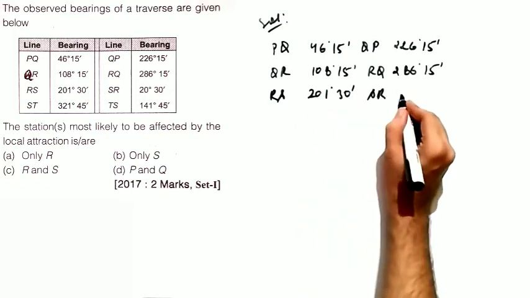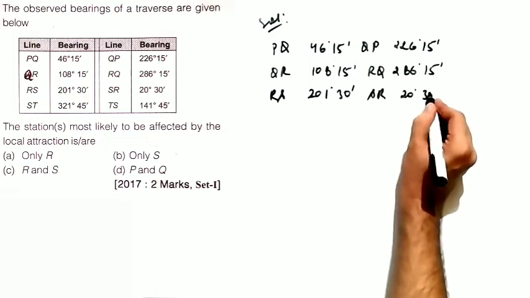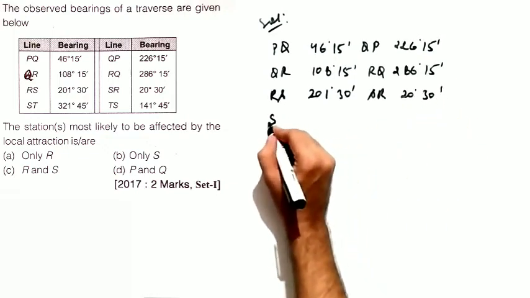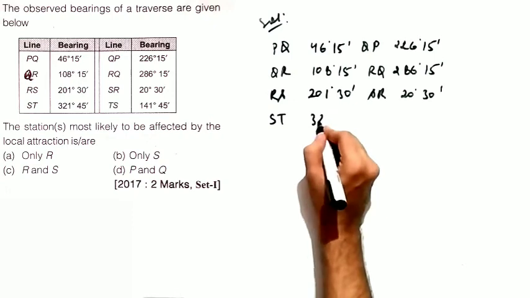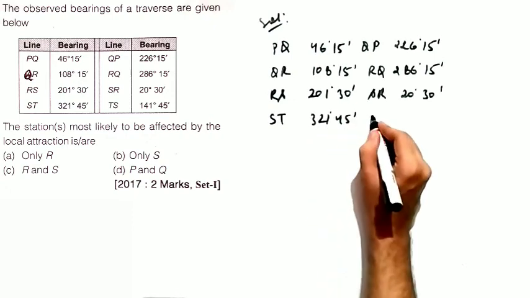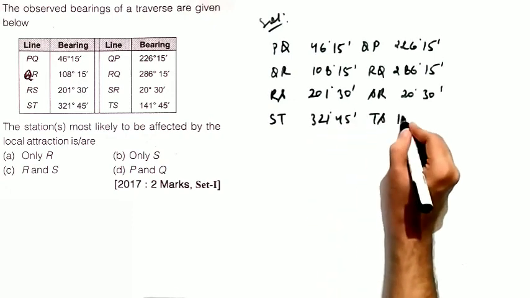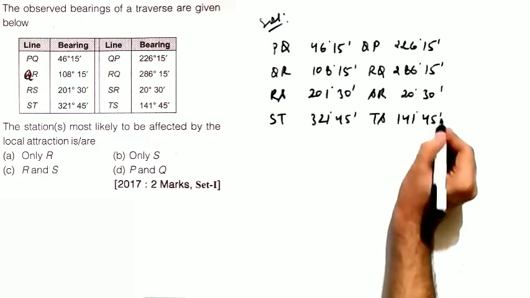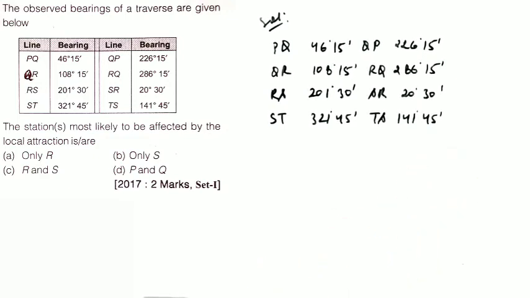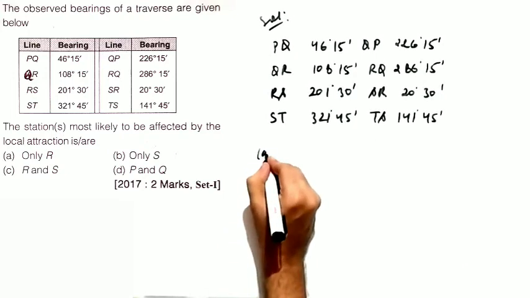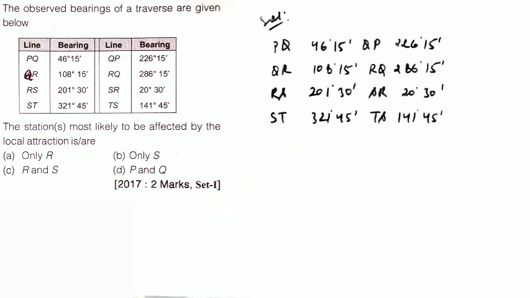SR is given as 20 degree 30 minutes. ST is given as 321 degree 45 minutes, and TS is given as 141 degree and 45 minutes. Now the stations that are most likely to be affected by local attraction, the options are given in the question.